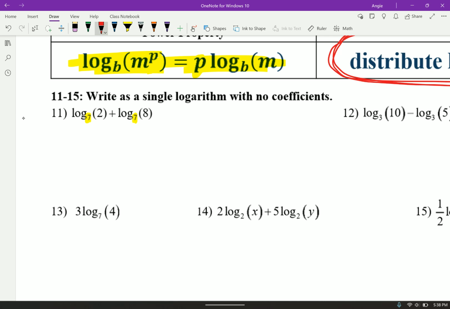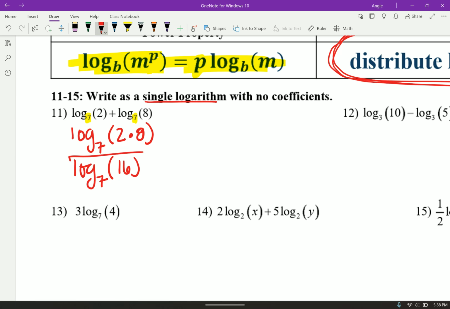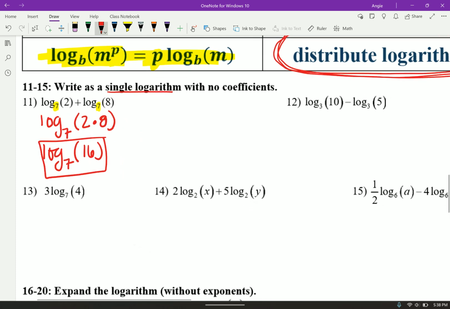So in addition of logs, it becomes multiplication. So log base 7 of 2 times 8, which equals log base 7 of 16, since 2 times 8 is 16. So we rewrite it as a single logarithm.